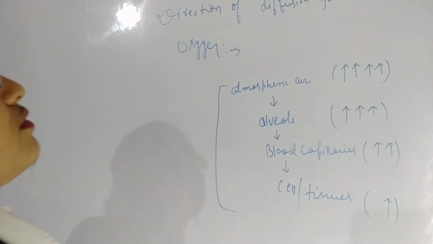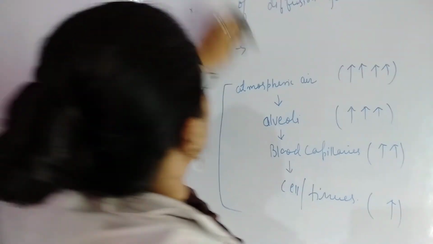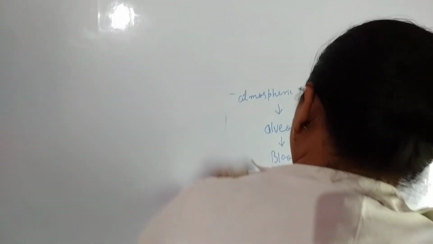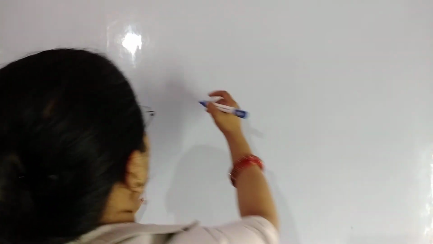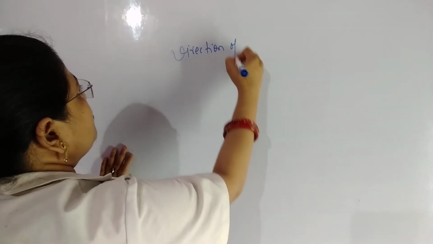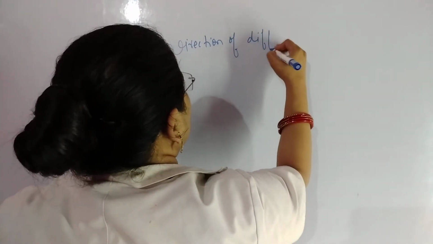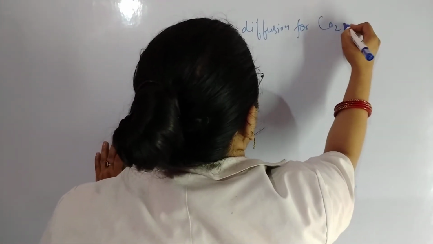Now next, what should be the direction of diffusion for CO2, carbon dioxide.